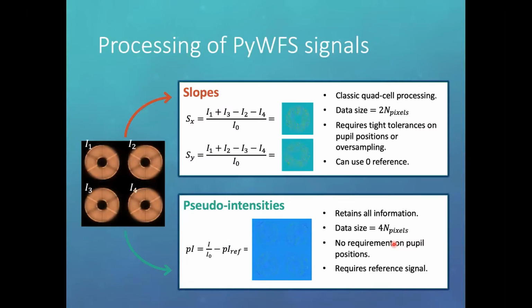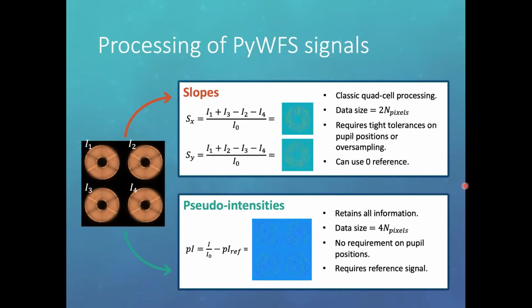Another aspect we've been looking at is exactly how we want to process our wavefront sensor signals. There are 2 different things we considered: the classical slopes approach, and then the pseudo intensities. Basically you take the intensities, you normalize them, and you remove a reference. There are pluses and minuses to both approaches. The slopes are smaller in size, so you have half the amount of data, so you have less computation to consider.